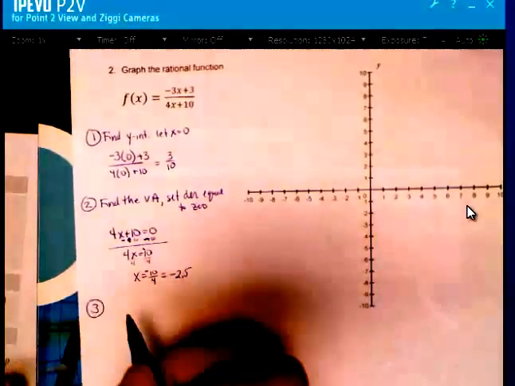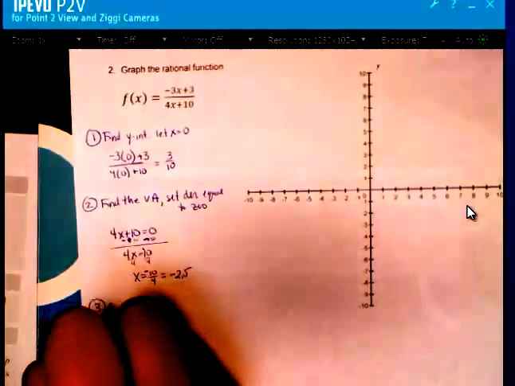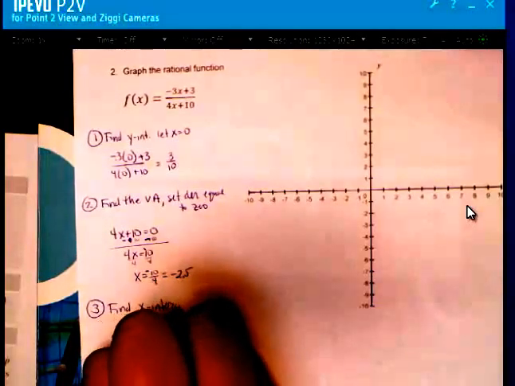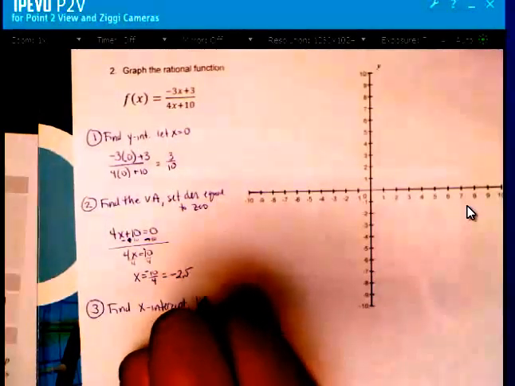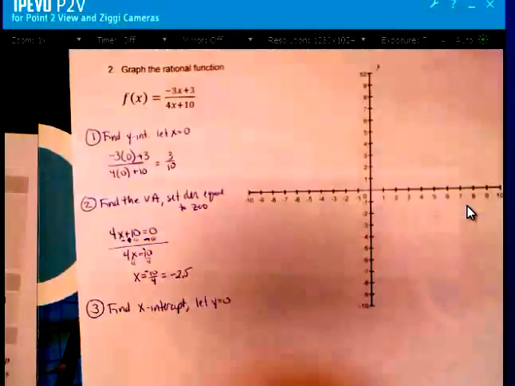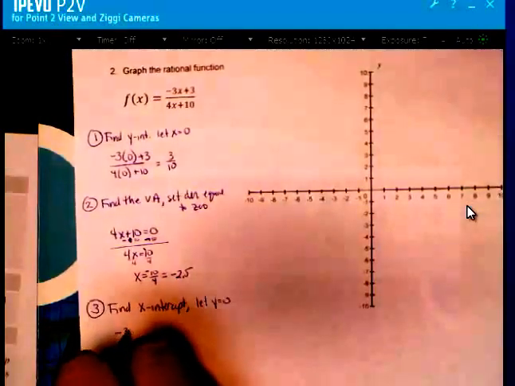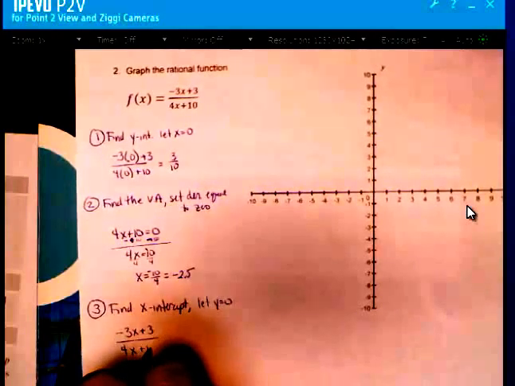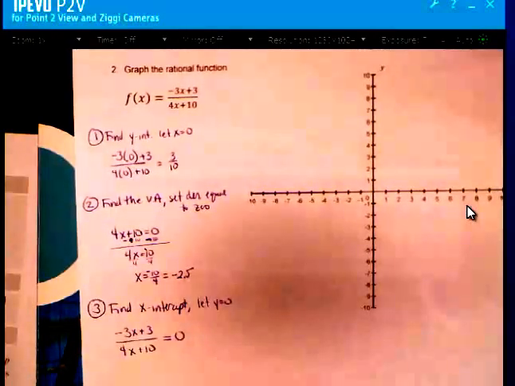The third step is to find the x-intercept. So that means we're going to let y equal 0. That gives me -3x plus 3 over 4x plus 10 set equal to 0.